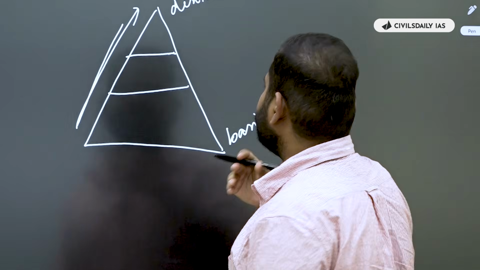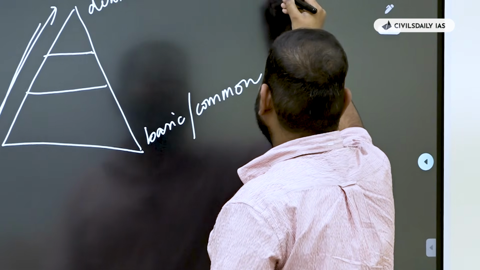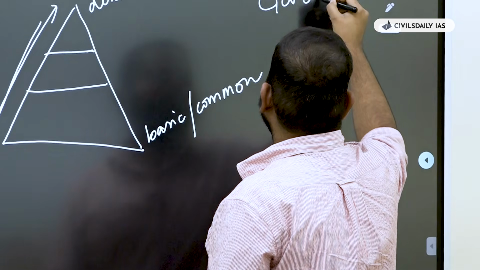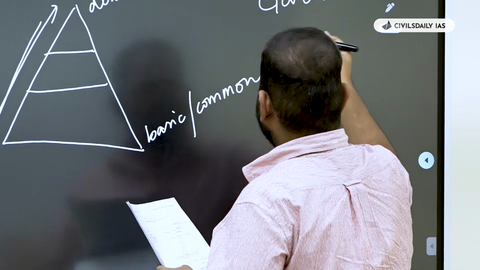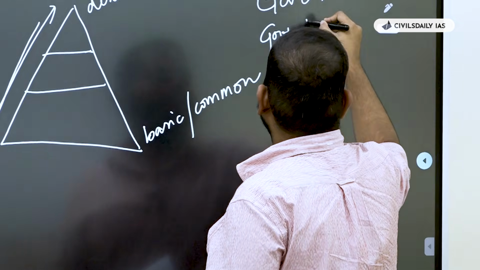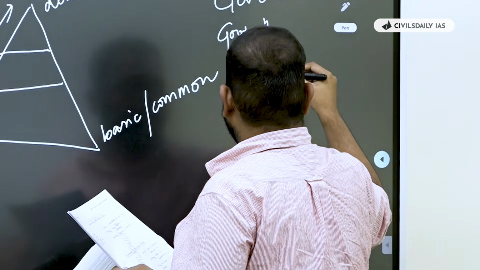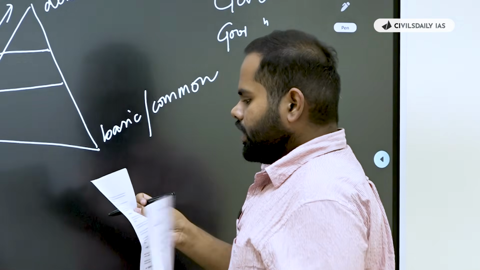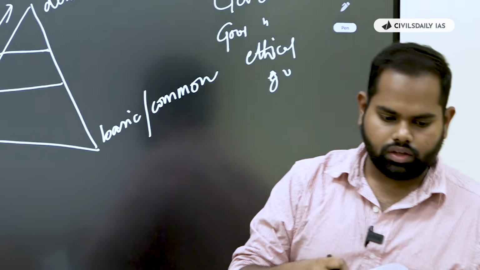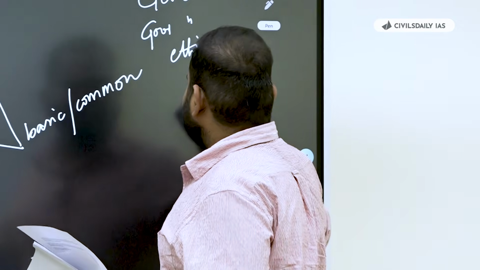But for example, you're getting a question on ethics mein, on governance, on good governance and ethical governance. There was a PYQ on this as well. It was a 2016 ka question.